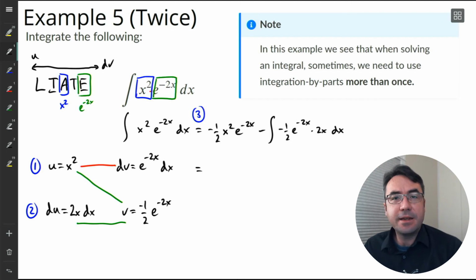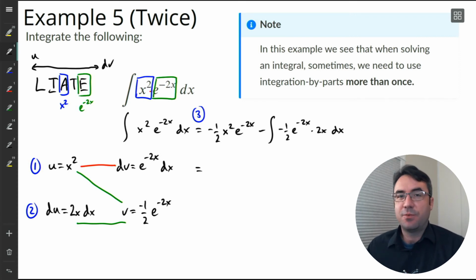I see a lot of negatives, see a couple constants that might cancel. And it's good to simplify things as you go, especially with integration by parts, because you're going to end up with a lot of negatives floating around. It's the way it goes. So if you end up with double negatives, it's usually helpful to just try to simplify those as you go, so you don't have so many negatives.